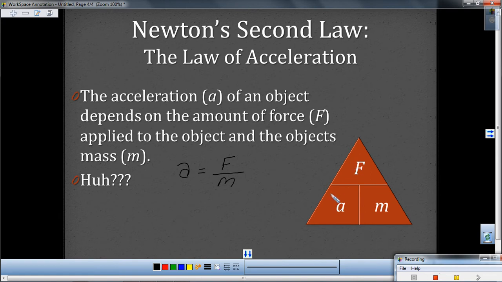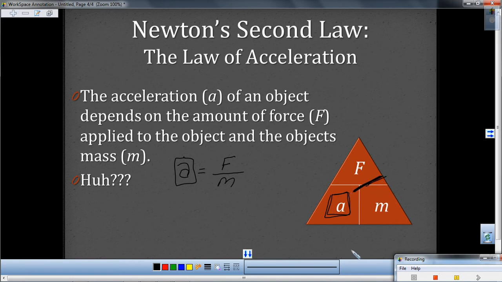We're looking for A, and what that leaves us is force over mass. Whichever letter you're solving for, we put a box around it. So we're solving for A, the acceleration, and that leaves us force over mass.